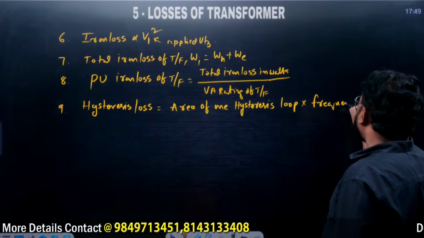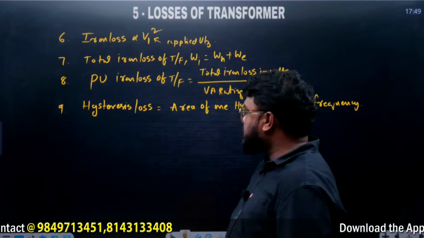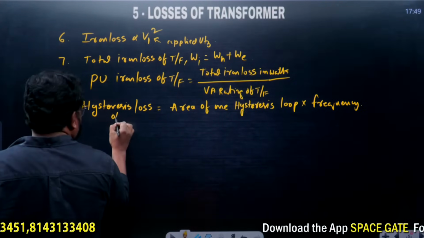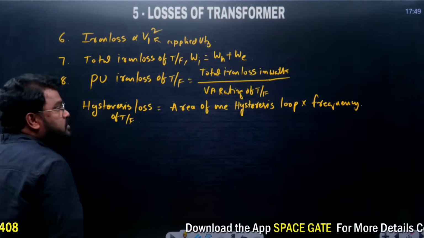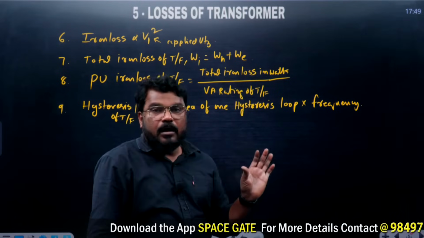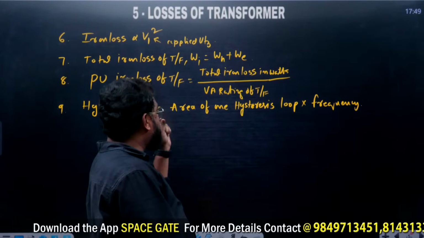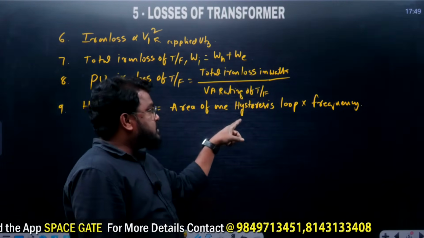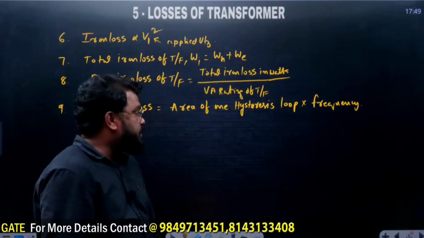So this is the formula to find out the hysteresis loss of the transformer. Sometimes based on this formula also we have questions: hysteresis loss is equal to the area of one hysteresis loop multiplied by frequency.